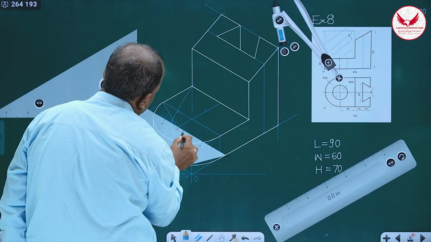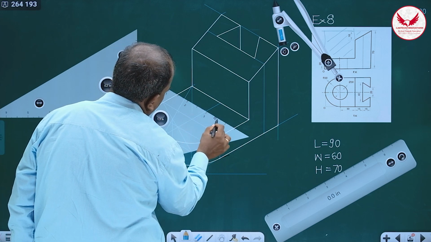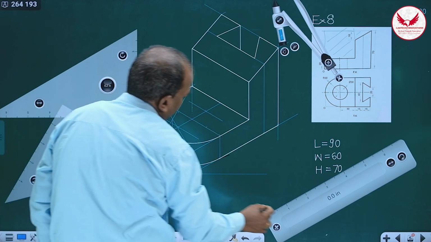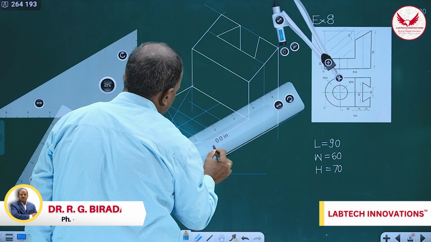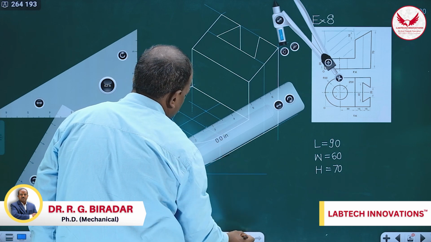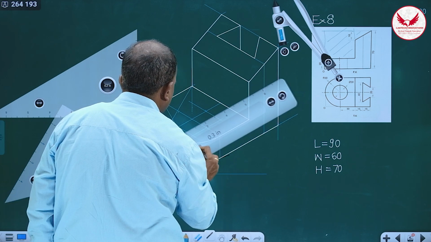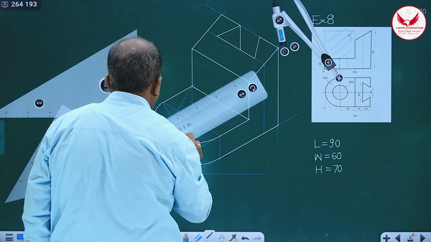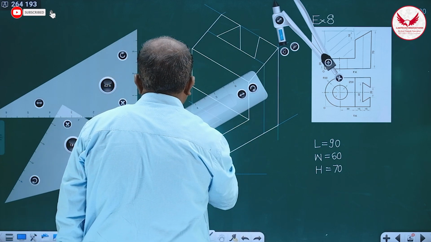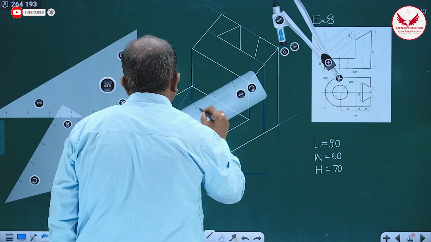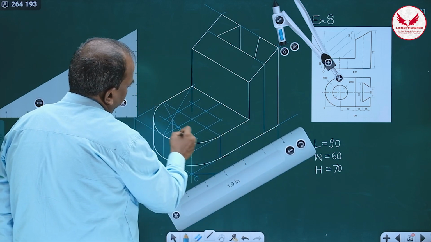So through this point, line parallel to width, through this point, line parallel to width, and through these intersecting points, it is going to be line parallel to length, and through this also line parallel to length. So like this we get the rhombus.